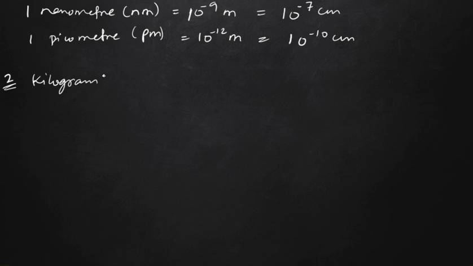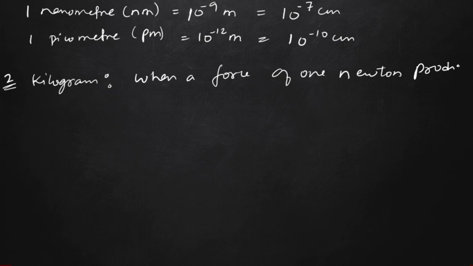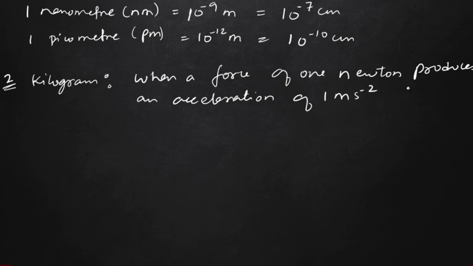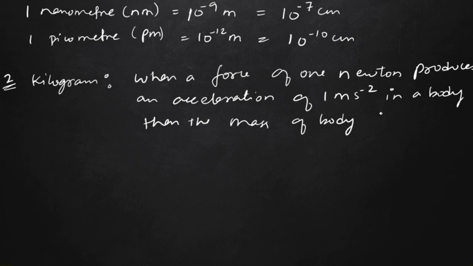We can define the kilogram this way: when a force of 1 Newton produces an acceleration of 1 meter per second square in a body, then the mass of the body is said to be 1 kilogram.